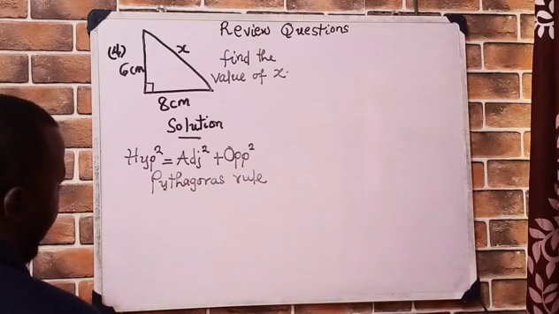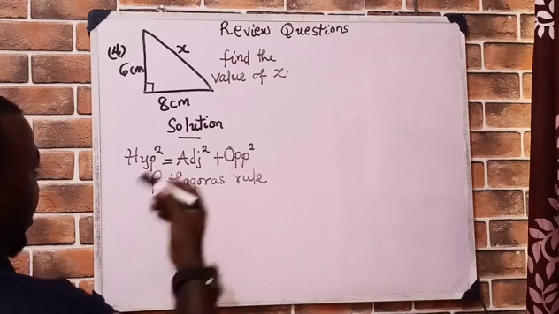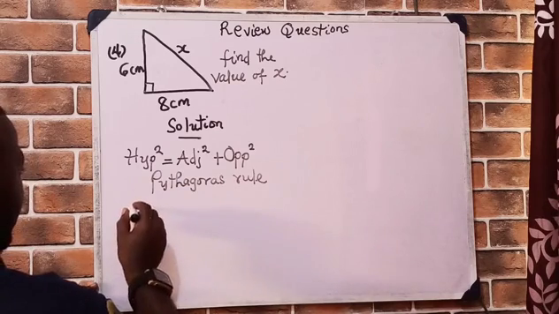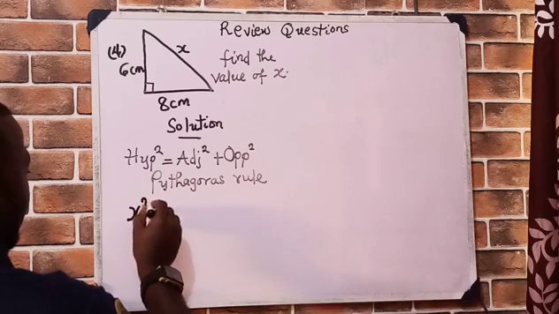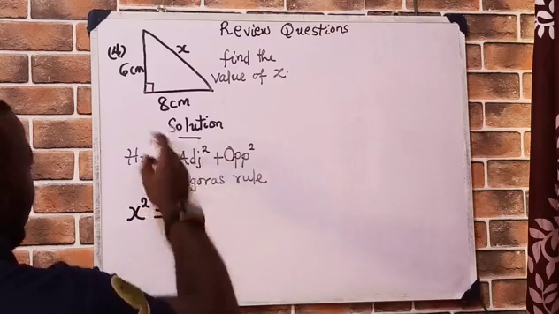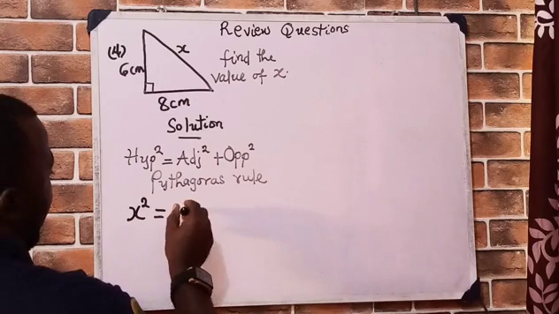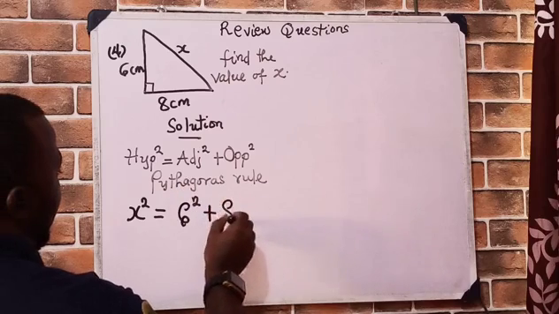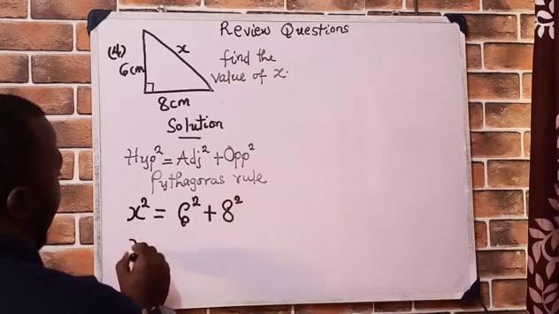And then applying that, the hypotenuse happens to be the longest side of the right angle triangle, which is the x squared. Our adjacent can be any of the sides. Let me pick it as 6 squared plus my opposite, 8 squared.